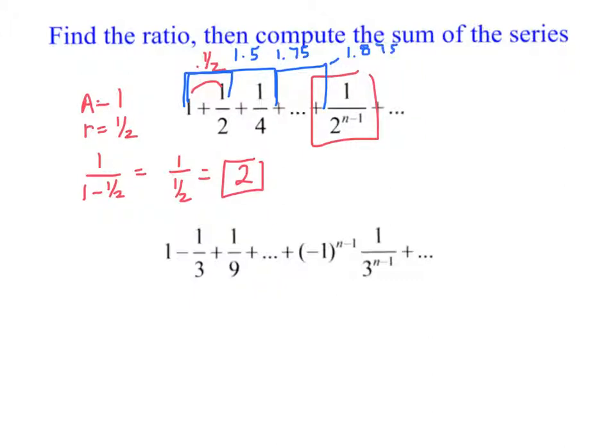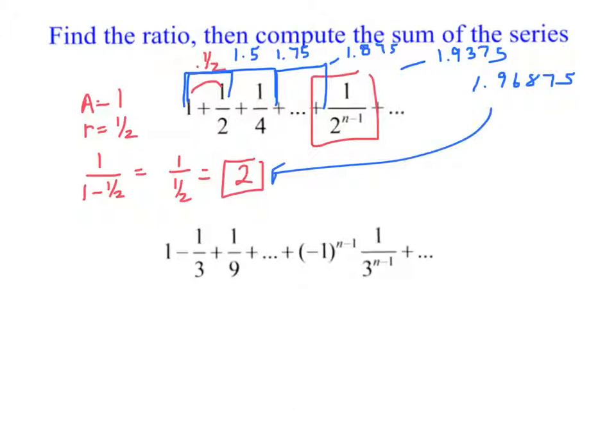The next term would be 1/16, which would give 1.9375. The next term would be 1/32, and you'd have 1.96875, and so on. So you just keep adding these smaller and smaller numbers, and it will approach 2. So 2 is almost like a limit. It's the limit of what this series will be, but because it's a sum, we call it the sum of the infinite series. Okay, this next example, we've got 1 minus 1/3.